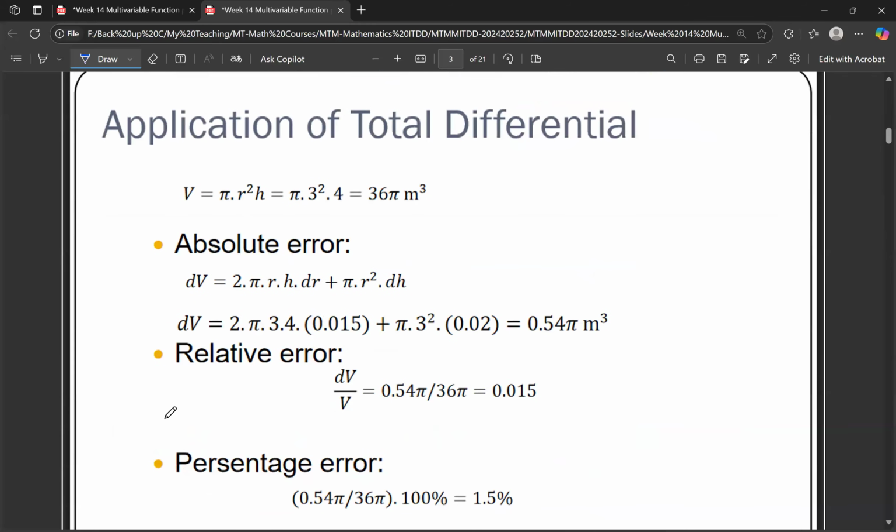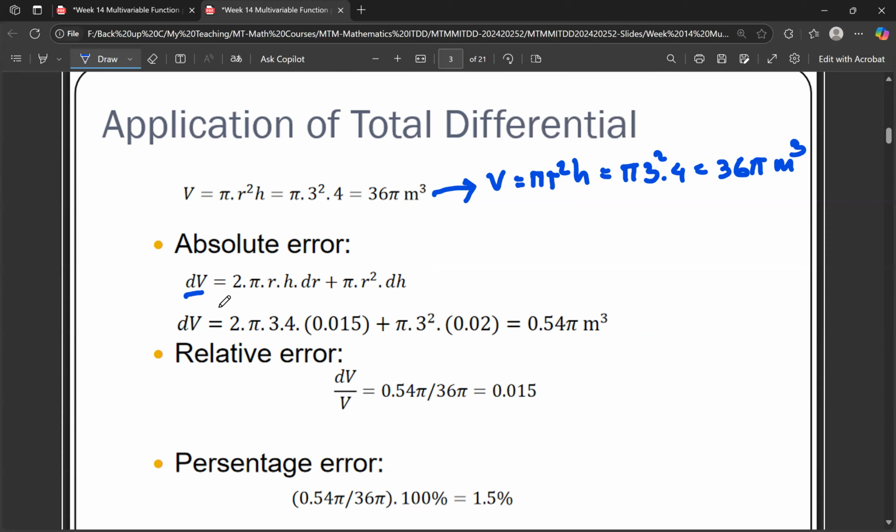This is the exact value of V. V will be pi r square h. This is pi times 3 square times 4. Then we have 36 pi cubic units.